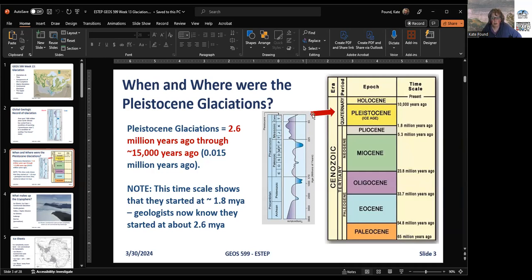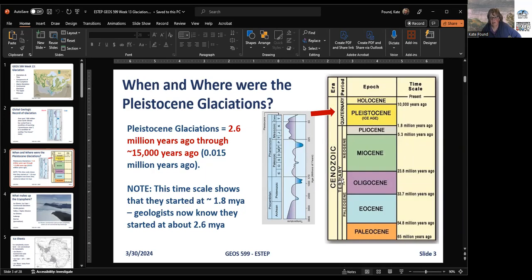So we're going to move over to a diagram or a time scale that focuses on the Cenozoic. That's the time chunk from 65 million years to now. So down at the bottom here, 65 million years ago. This entire time chunk is called the Cenozoic.